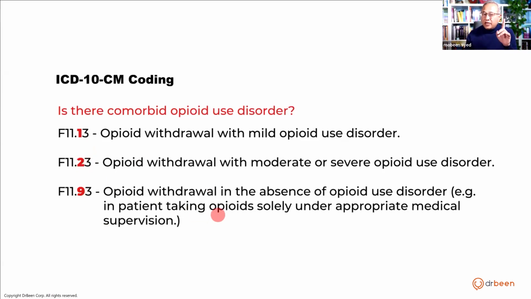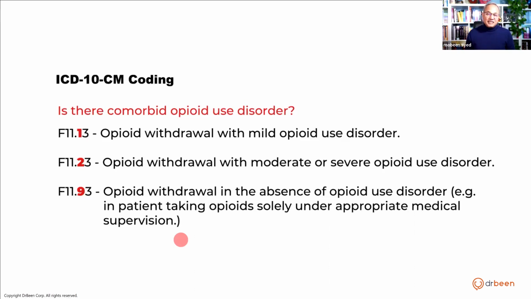And it is possible to have opioid withdrawal without use disorder. How is that possible? Look at that. You would put 9 here: opioid withdrawal in the absence of opioid use disorder, for example, in a patient taking opioids solely under appropriate medical supervision. This is an important thing to keep in mind: someone who is taking opioids for some period of time will experience withdrawal when they stop opioids, reduce the quantity, or have antagonists.